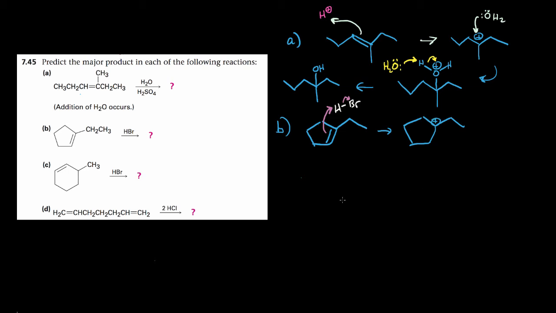So here's this proton here, and we added this hydrogen to this carbon, just so we can keep track, and that gave us this carbocation, and now we have Br minus, and that will now add to the carbocation here, and we'll get our product.